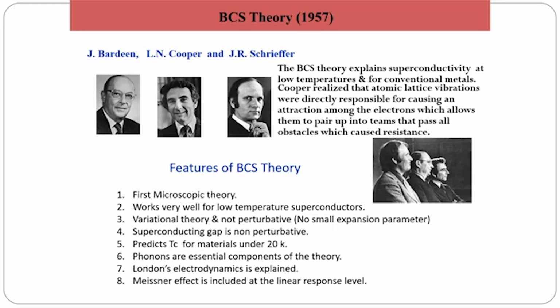Cooper realized that the atomic lattice vibrations, that is the phonons, are responsible for causing an attraction between the electrons, which allows them to pair up into teams that pass all obstacles and which cause there to be no resistance, basically, because of this pair.